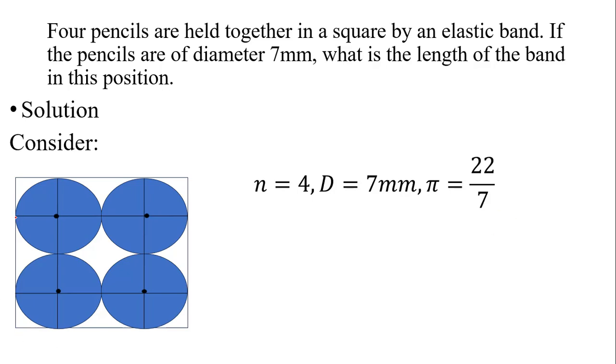We have the diameter to be 7 mm, so that means I'm going to have the radius to be 3.5. So this is 3.5, and this place is also 3.5.